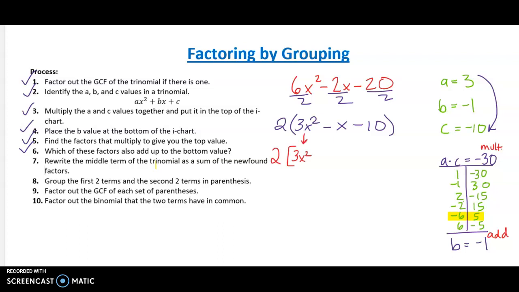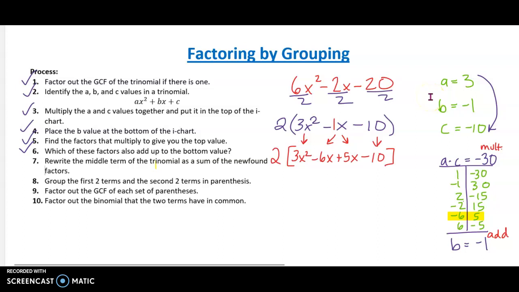Okay, but this -1x here is going to split into 2 terms, and where do I get them from? These two here at the bottom, the -6 and the 5. So I'm going to split it into -6x and a plus 5x, and then bring down the -10. So I got these 2 x's in the middle from the 2 terms that we found in our eye chart. I just put x's with them. And notice that when you add them together, they do add up to the middle term, -1x.